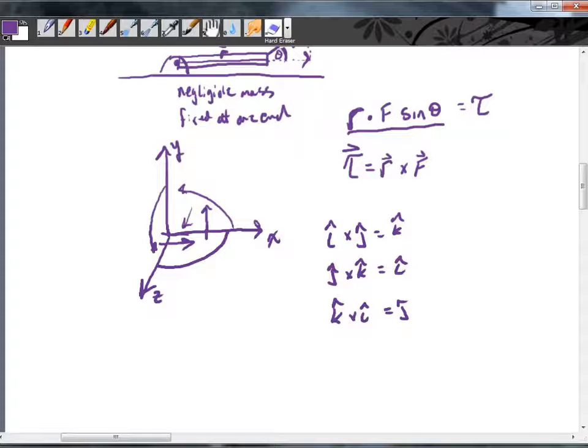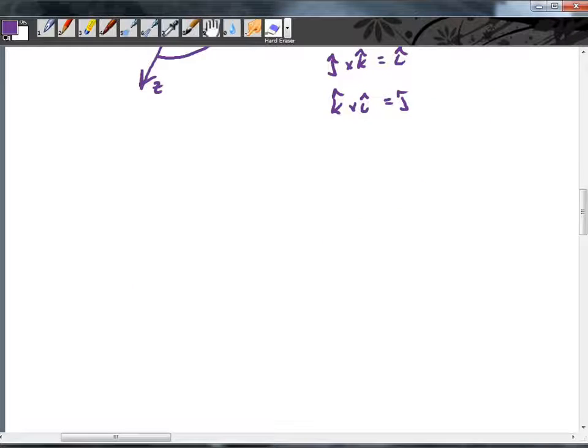I do want to get through an example problem with you guys. So let's find one of those, and then we'll be right back. Okay, we're going to do example number 10.12 on page 310. This is the angular acceleration of a wheel.